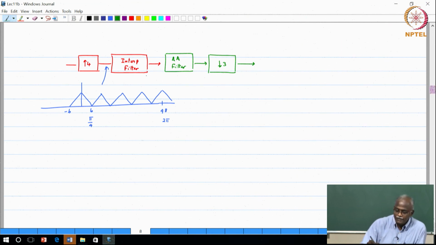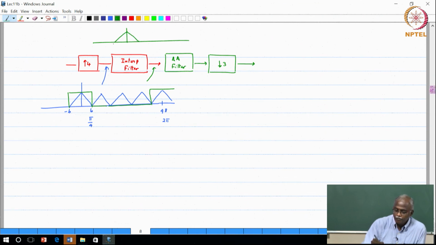Now, the second stage after the interpolation filter. The interpolation filter is a brick wall filter from minus pi by 4 to pi by 4, which will then remove all of these images and then retain for you this one. So, at this point the spectrum looks like this.